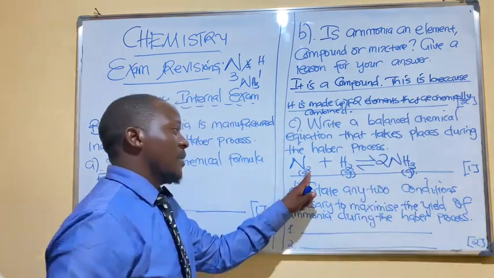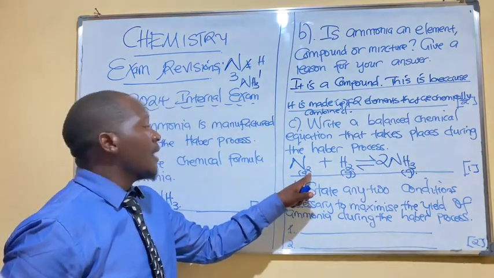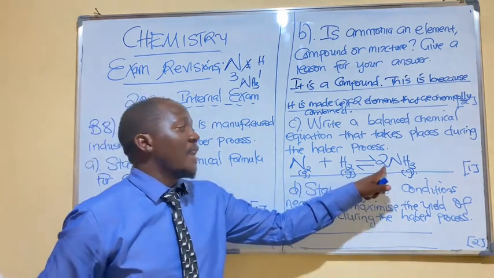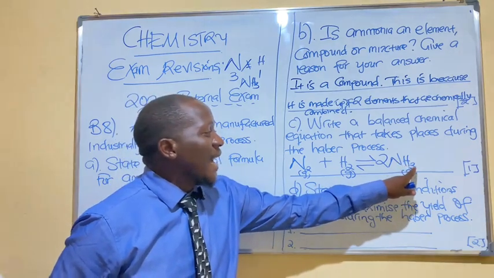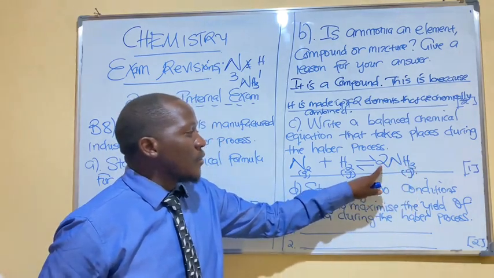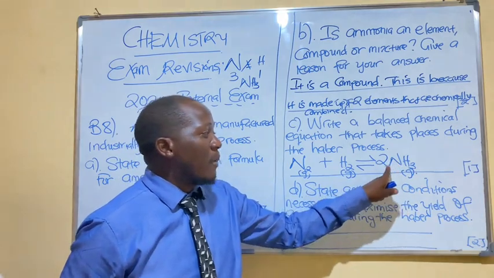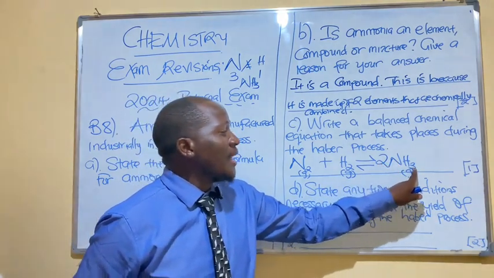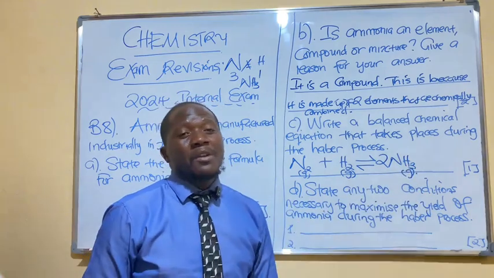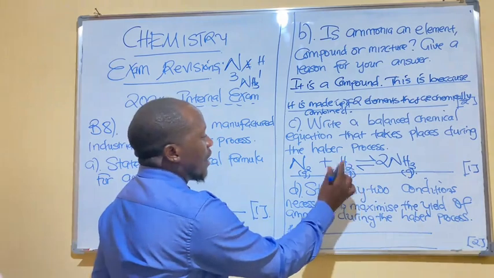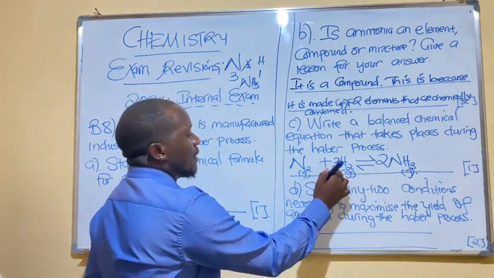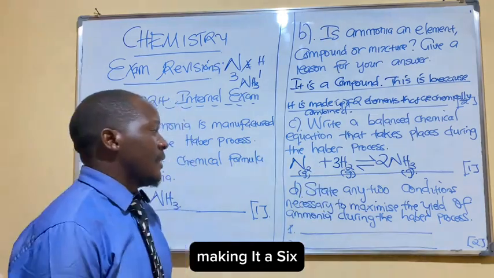This 2 is balanced as the number of moles. Meanwhile, hydrogen had a 3. Since this 2 is put in front of the whole compound, it means this is 2 times 3, thereby hydrogen atoms have increased to 6. Since we have H2 here, we can put a 3, which is 3 times 2, making it a 6.